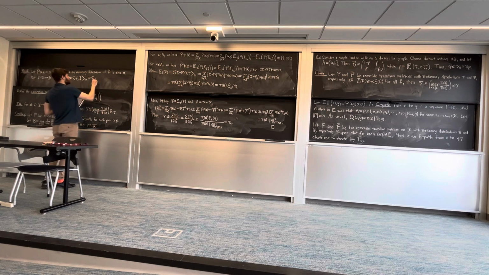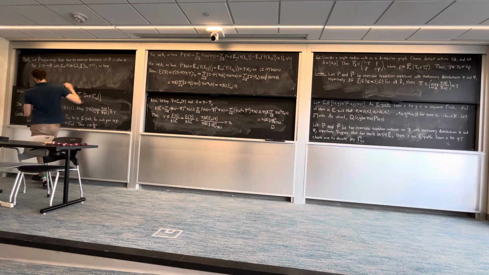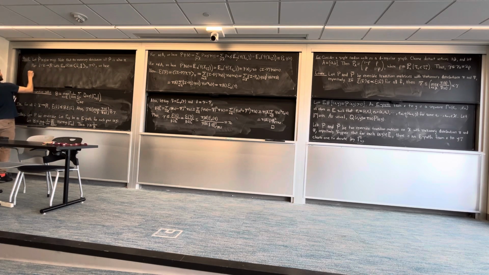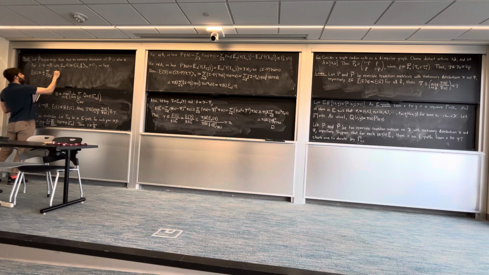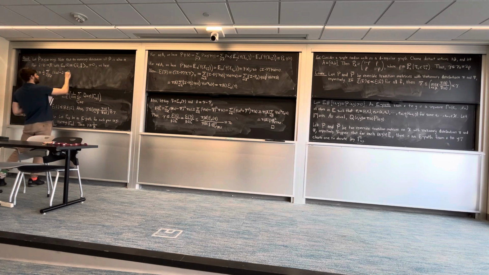Then E tilde of f is, I think we had a formula at one point saying that this should be equal to 1/2 the sum over x and y of f of x minus f of y squared pi of x pi of y.